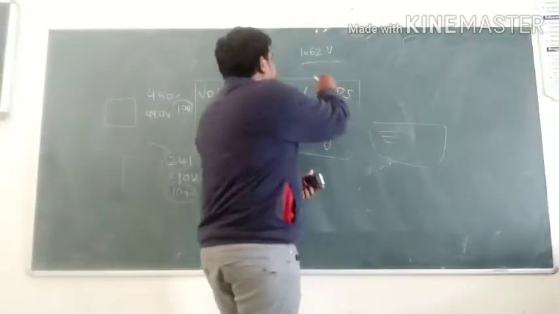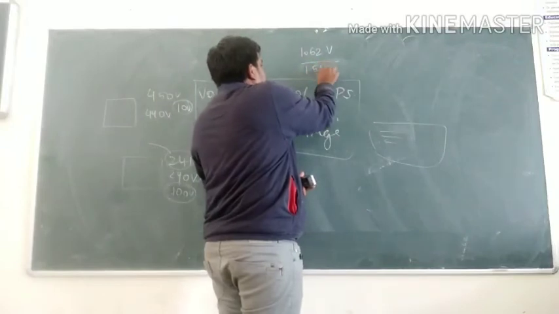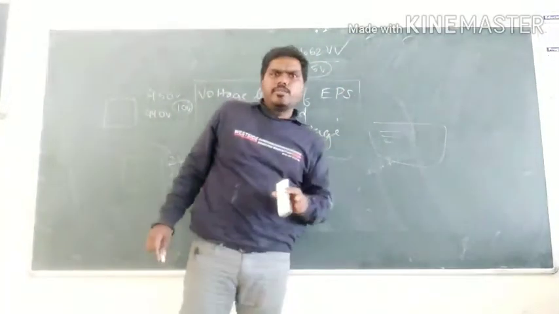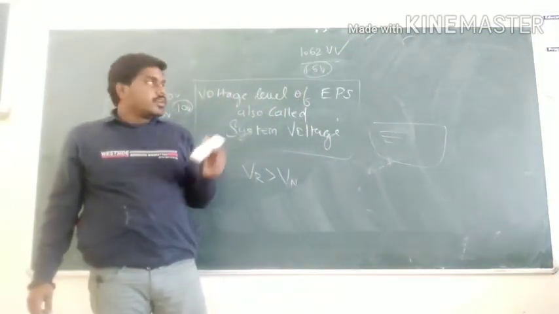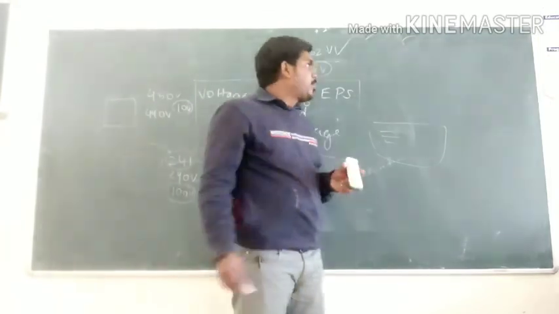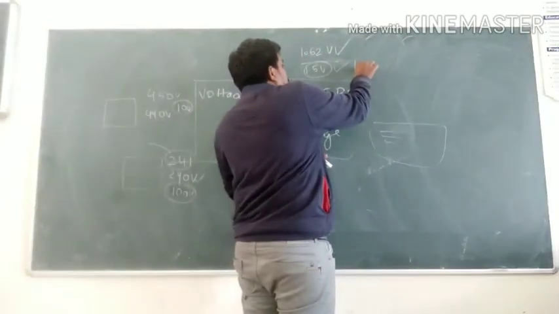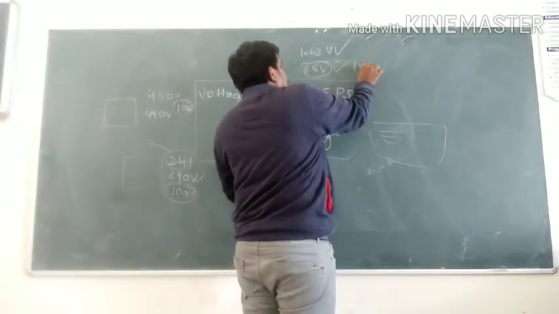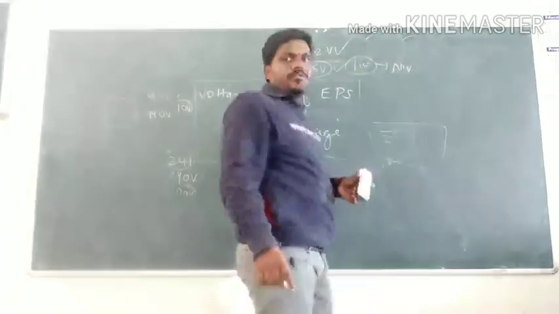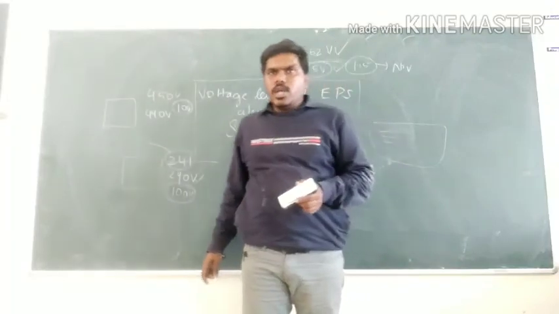So basically it is referred to as 1.5 volt. It is rated here, but it is represented as a 1.5 volt battery. What does it mean? It means that the battery has a nominal voltage of 1.5 volt. 1.5 volt is the nominal voltage.